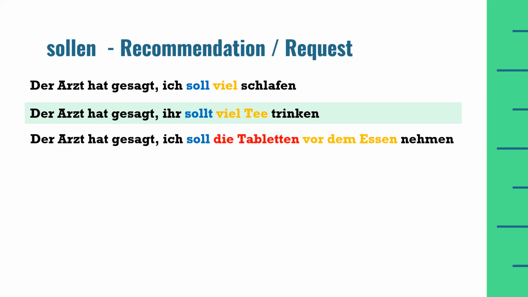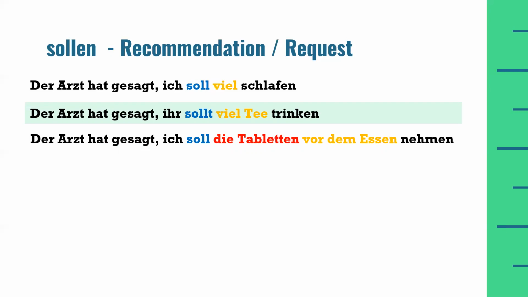Next example, der Arzt hat gesagt, ich soll die Tabletten vor dem Essen nehmen. The doctor has said I should take the tablets before meal. Again, if we look at this sentence, ich is the subject of the sentence and sollen is conjugated to soll for the subject ich.